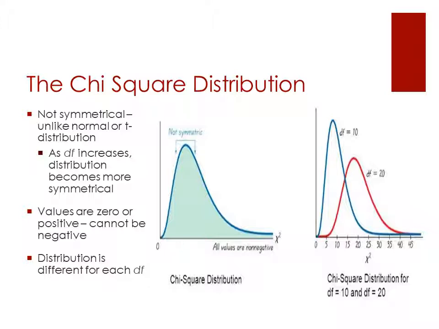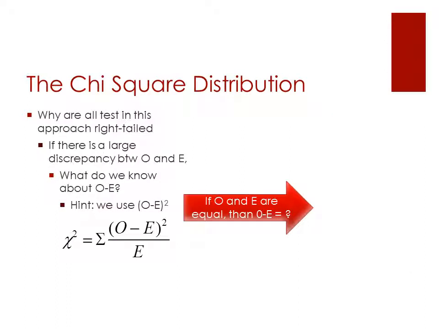And lastly, all our values are going to be 0 or positive. You cannot have a negative value for your chi-square critical value. So let's take a look at why that would be the case. This means all these tests are always going to be right-tailed. And if you look at the distribution table, you're going to see they are all right-tailed tests. Let's think our way through why that would be the case.